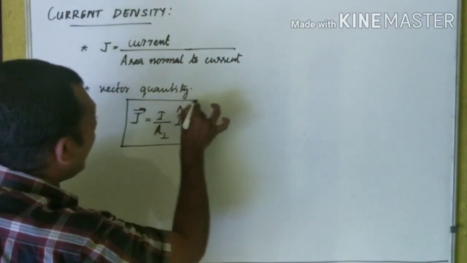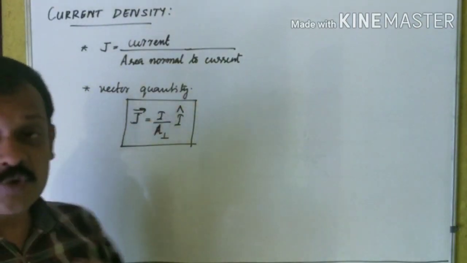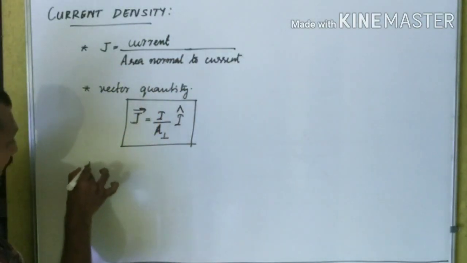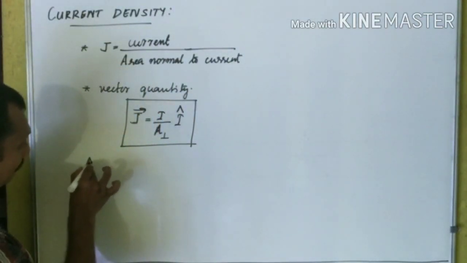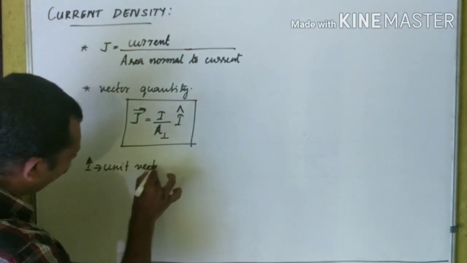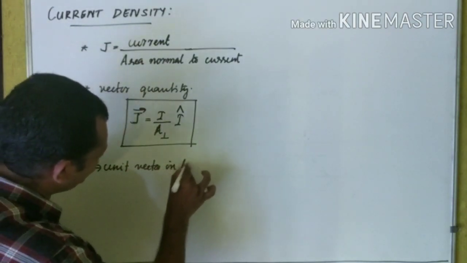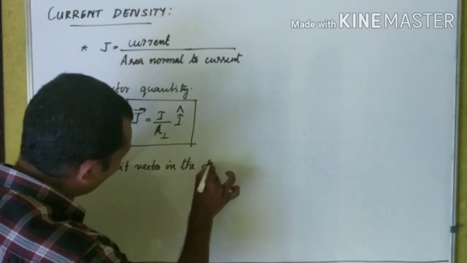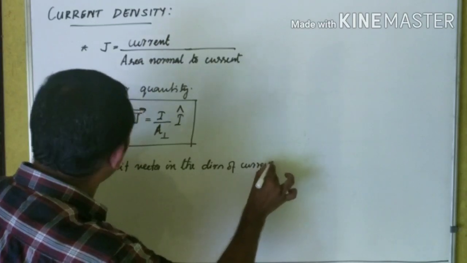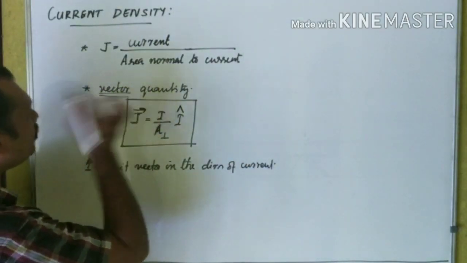I cap is the unit vector in the direction of electric current. So current density is a vector quantity.